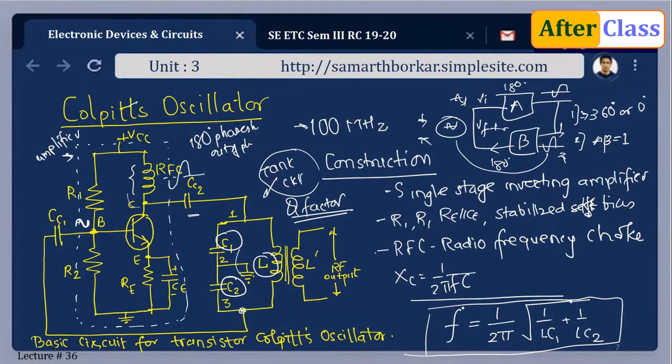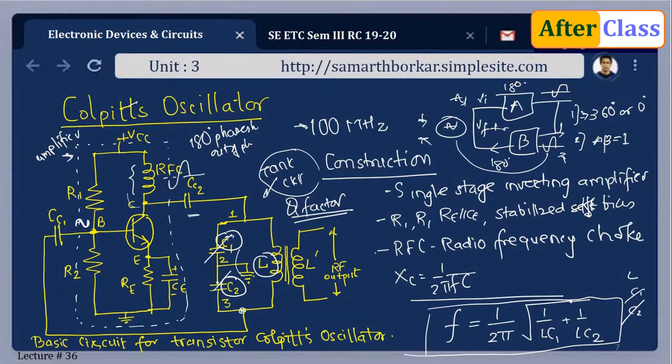So we can say that the frequency is determined by the tank circuit and is varied by gang tuning the two capacitors. Now if I want to change the frequency F, the variables are L, C1 and C2. So if I am able to change the values of C1 and C2, I can vary the frequency F. Now how is it done?